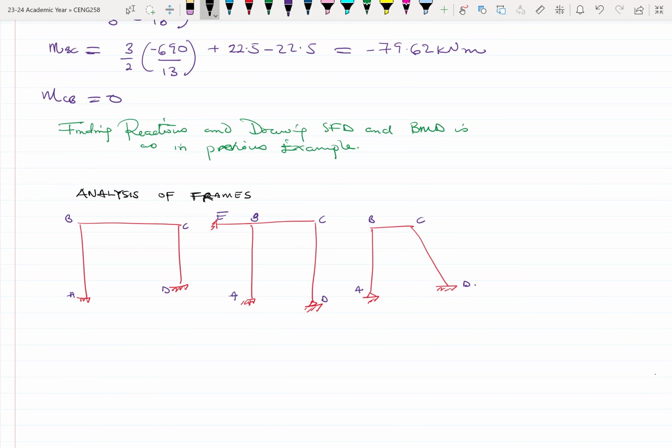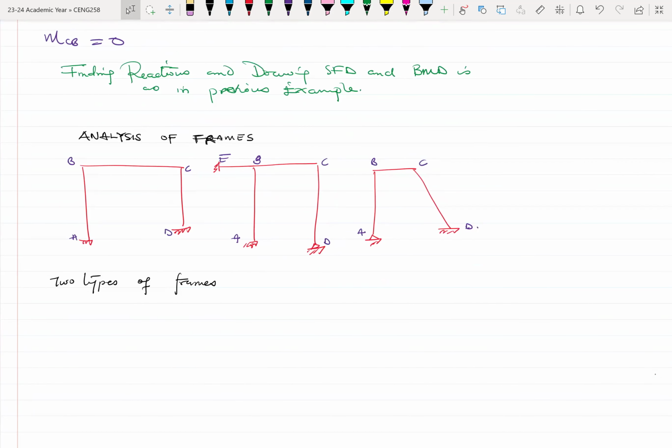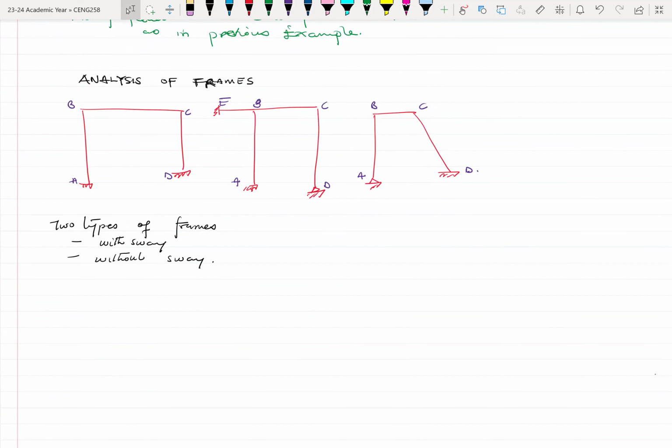There are two main types of frames. So we are looking at frames with sway, we'll explain what that is, and then frames without sway. When we apply a load to a frame system, and then there is side movement, I will explain shortly.